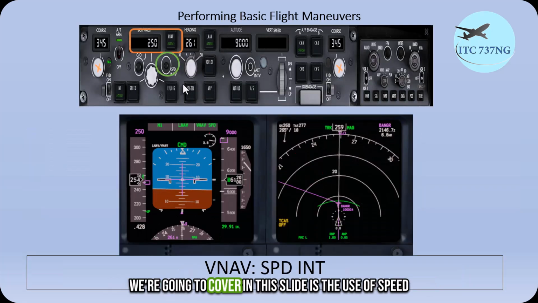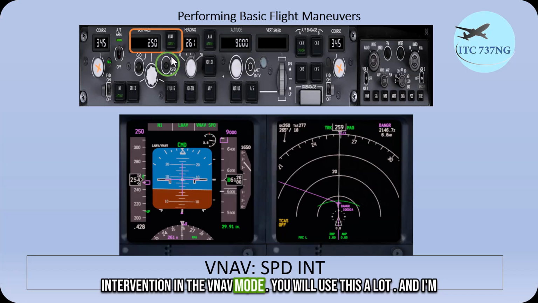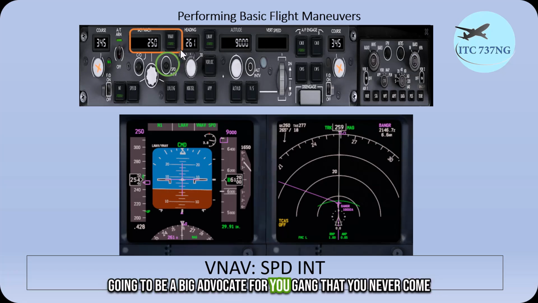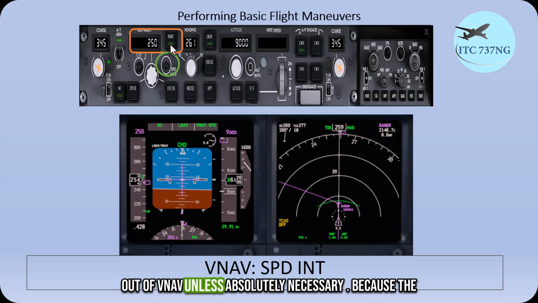Now what we're going to cover in this slide is the use of speed intervention in the VNAV mode. You will use this a lot. And I'm going to be a big advocate for you, gang, that you never come out of VNAV unless absolutely necessary.